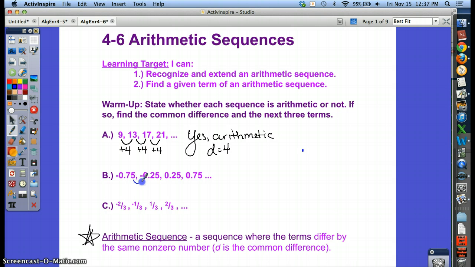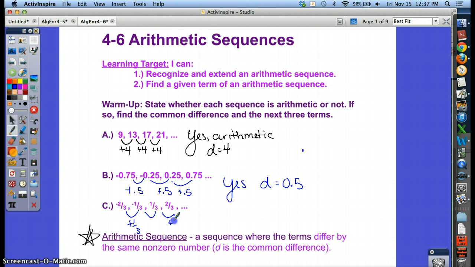So as you tried them, now you can check your work and see how you did. On this problem, we're adding a half to each one, or 5/10. So it is an arithmetic sequence, and D is 5/10. The last one is not an arithmetic sequence. You may mistake it though for one. Here we added 1/3.